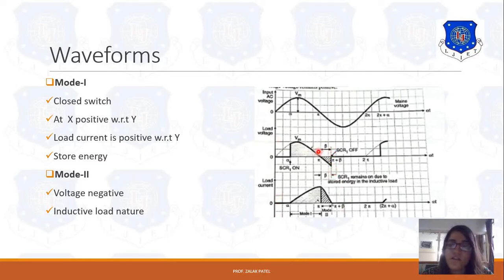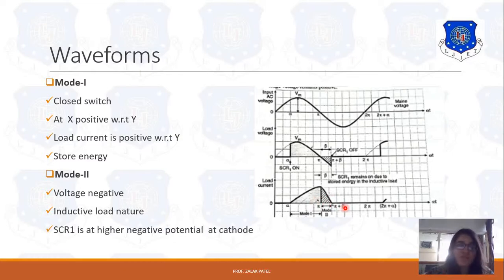This load voltage will be decreasing and load current will be on a positive cycle from pi to pi plus beta. So because of it, SCR1 is at a higher negative potential at the cathode compared to the potential at the anode. So this is the waveform of HWCR when it is operated with inductive load.